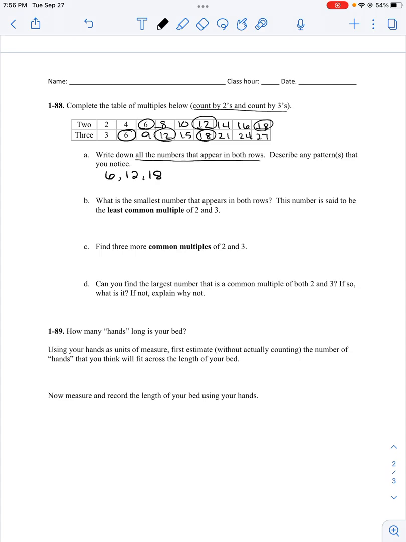Well, I notice that 6 plus 6 is 12, and 12 plus 6 is 18. So the numbers that appear in both rows count by 6s.